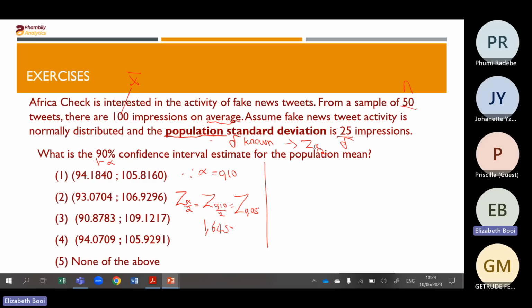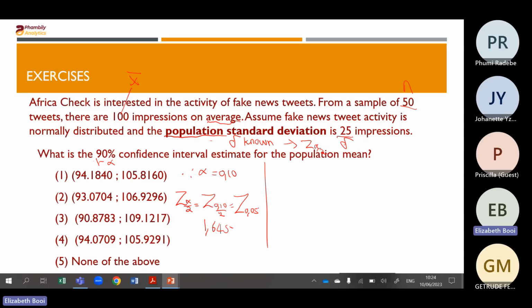If you practice more and learn from that table, or put it somewhere you can always go back and reference that table with critical values, then you will know that for a 90% confidence interval, especially for Z, you are going to use 1.645.